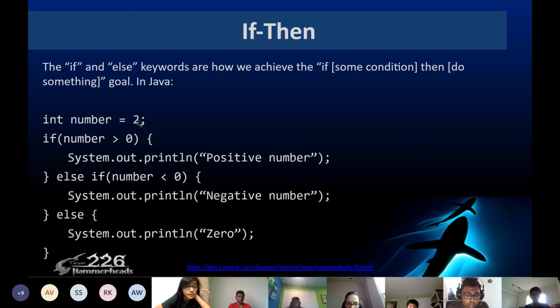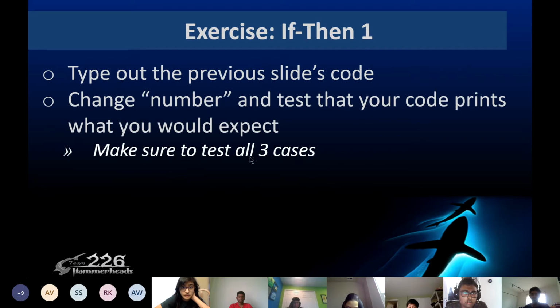In this case, first it checks the first condition. Number is greater than 0, and 2 is greater than 0, so it would do this statement. It would print positive number, and then it would just ignore everything below it. All right. So you guys can practice this yourself.